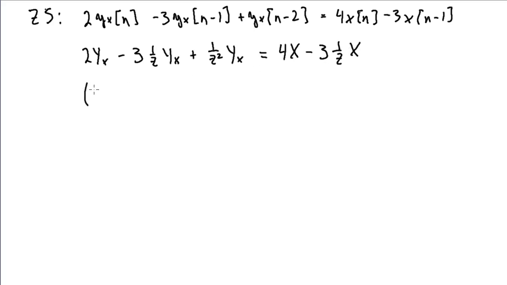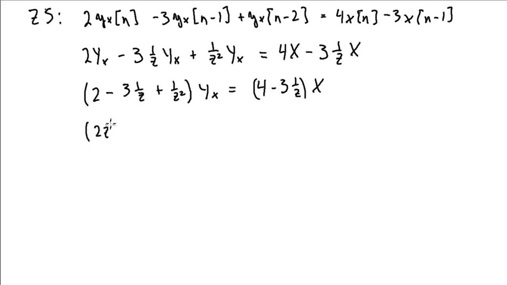So factoring out the y of x, I'll have 2 minus 3 times 1 over z plus 1 over z squared, Y of x is, and then factoring out the x, 4 minus 3, 1 over z, x. I'm going to go ahead and multiply by z squared here. So I'll have 2z squared minus 3z plus 1 y of x is equal to 4z squared minus 3z x.